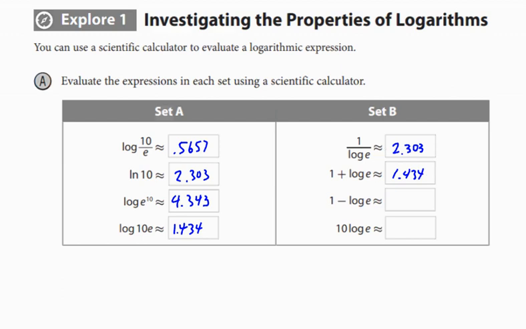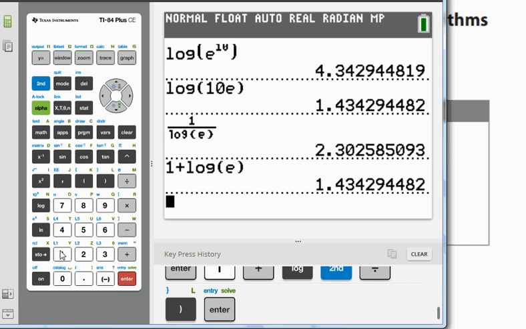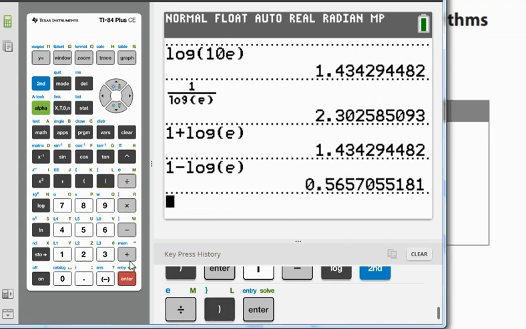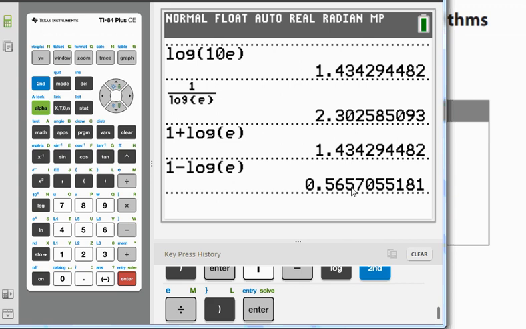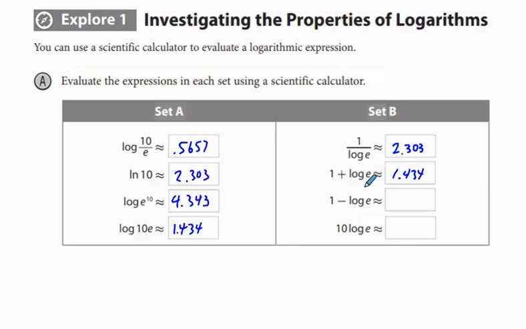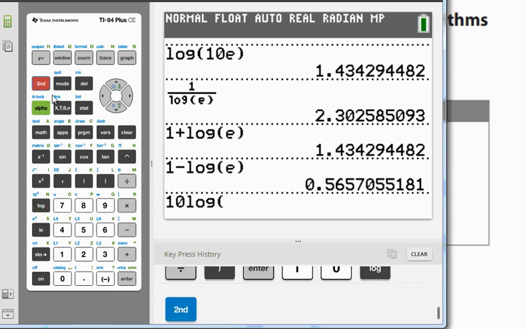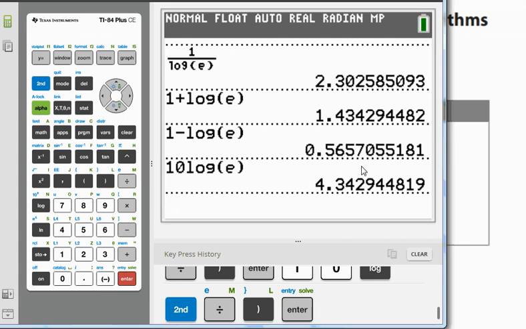Then 1 minus log e, we get 0.5657. And then 10 log e. For this one, we get 4.343.